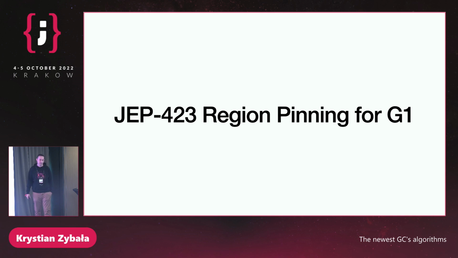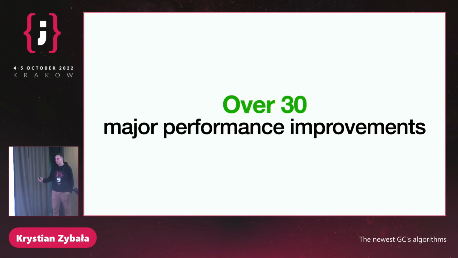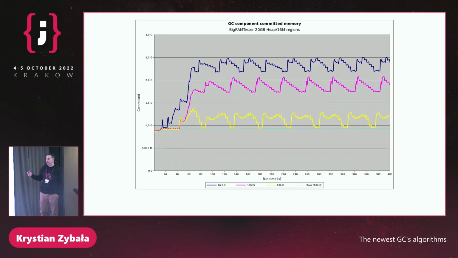This garbage collector will be faster, but what is more important, of course, you can see that most of the goals of the JEPs are related to JNI, but before my talk I checked, and over 30 major improvements were related to performance. What does it mean? It means that G1 is still improving every release, and you can use G1 in your application and it is still performant.